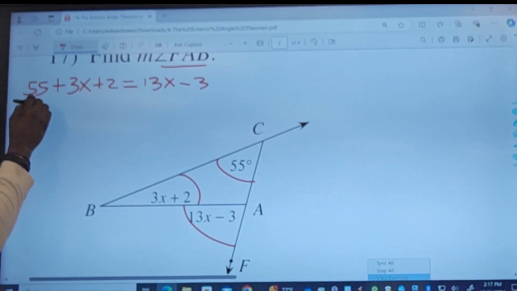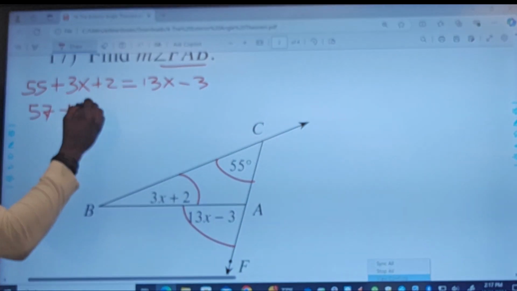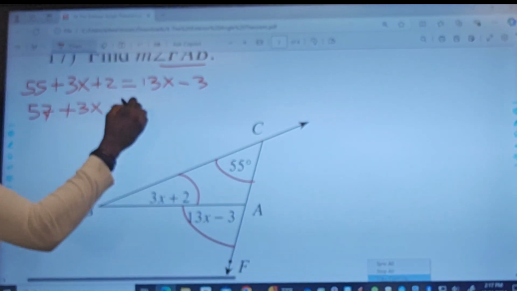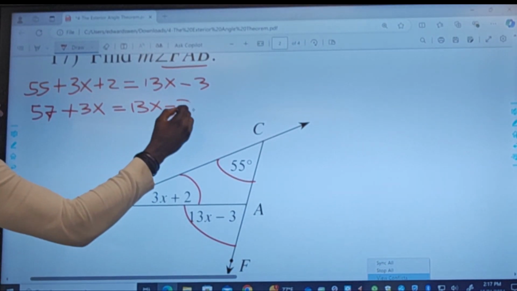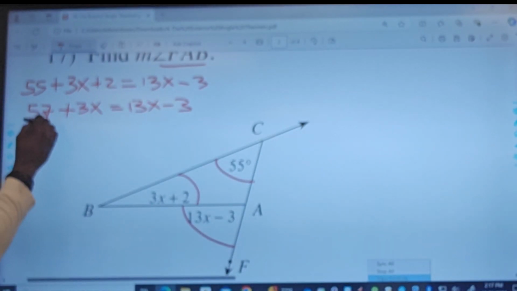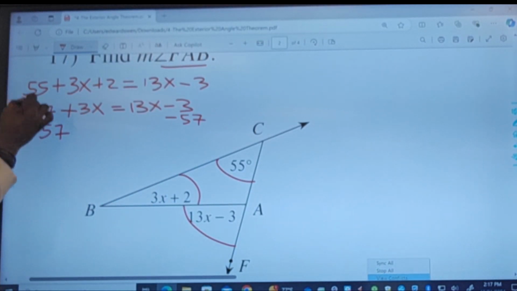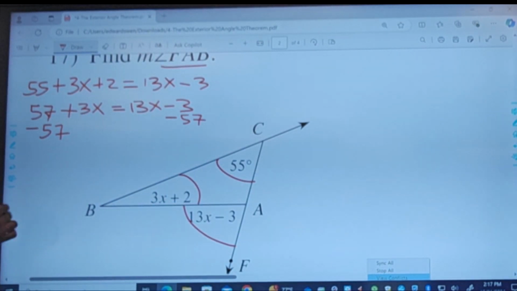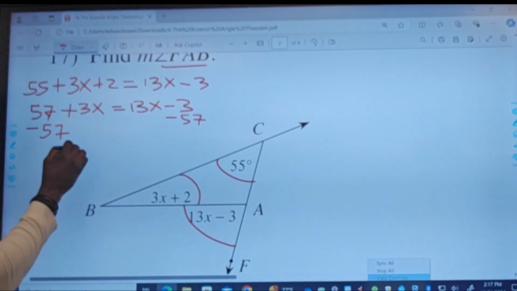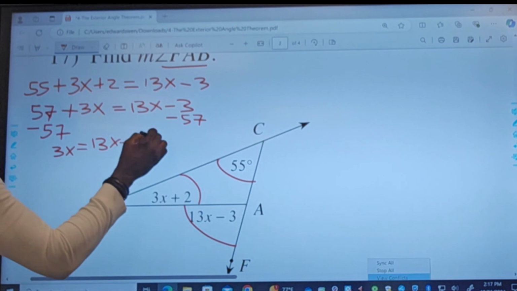On my left side, I'm going to have 57 plus 3x equal to 13x minus 3. Subtracting the 57 so that my x could be isolated for now. So I'm trying to get the x's on the left side. So I'm going to have to get rid of that positive 57 over there. So what I have is 3x, which is now equal to 13x minus 60.